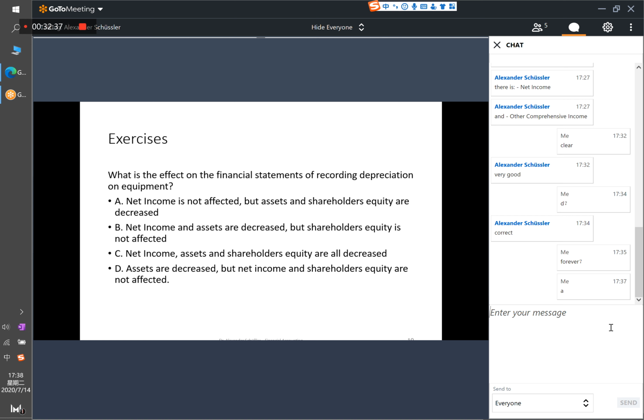What about net income? Liang, if you think about net income, is it also going down because of depreciation?